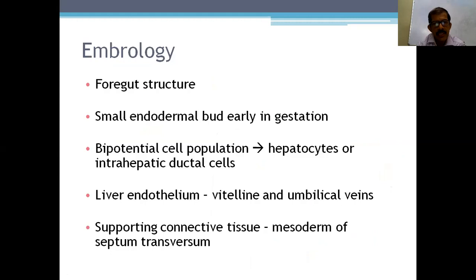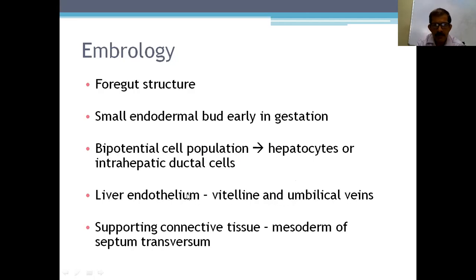So this is basically a foregut structure. A small endodermal bud early in gestation, just by the 4th week itself, there is an endodermal bud. It is bipotential, that is, the cells may become either hepatocytes or duct cells, both bipotent cells. Of course, the endothelium will form the vasculature of the liver, and they are from the vitelline and umbilical veins.